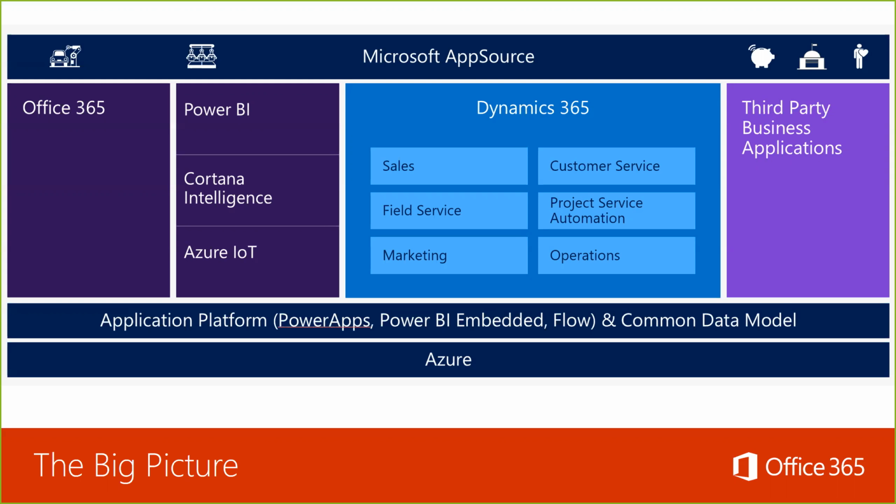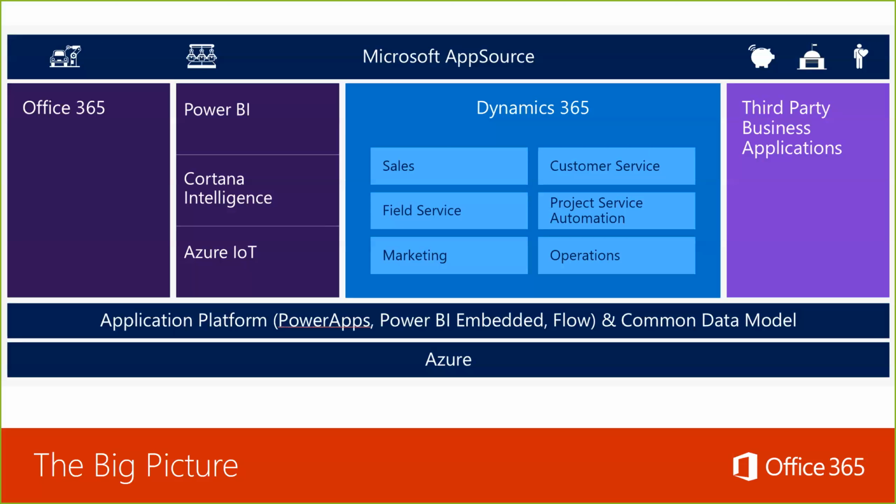Dynamics 365, for instance, is a separate service, but since it's hosted on top of Azure and the Azure security platform, the same credentials that you use to log into Office 365 have a seamless integration with Dynamics 365.